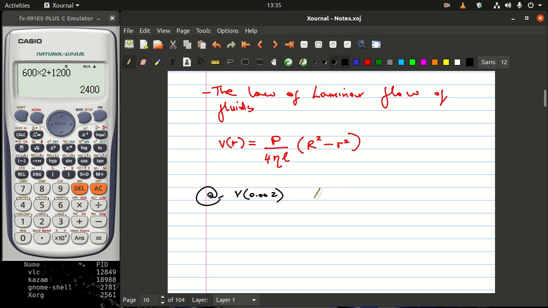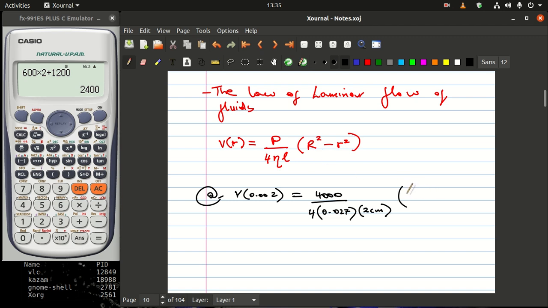0.02, which was given. The pressure was 4,000, and you divide this by 4, and then you have eta, which was 0.027, and L here is supposed to be 2 centimeters. Inside here, what was R?